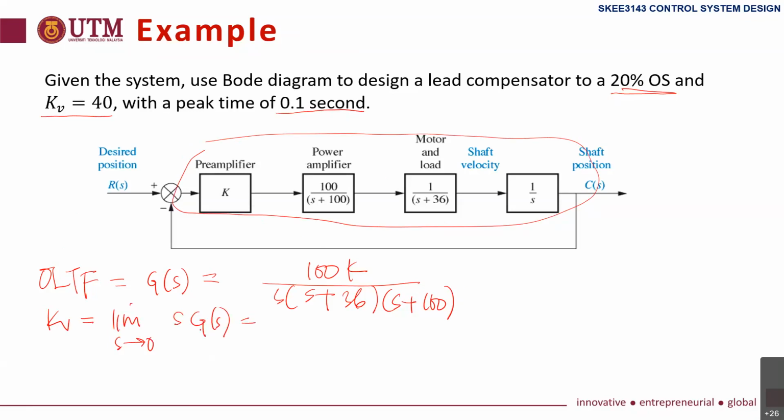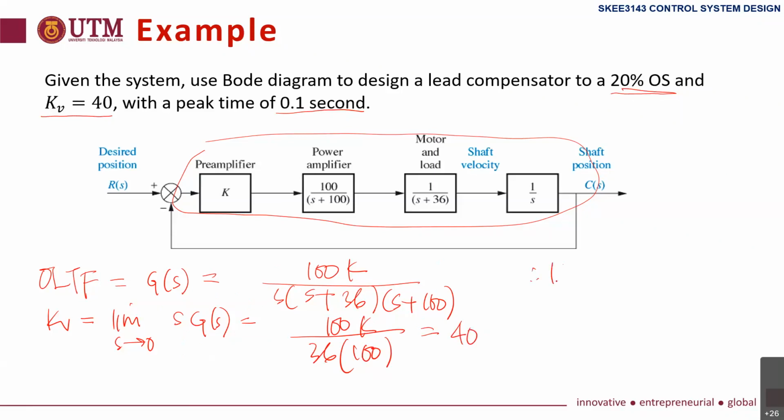If you substitute and solve, you get 100K over 36 multiplied by 100. That is Kv, and we want Kv equal to 40.